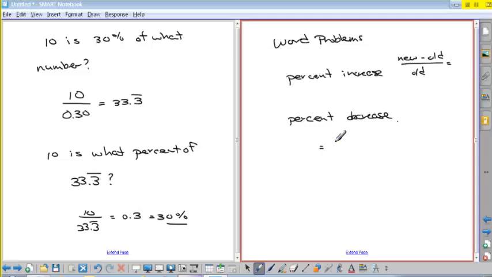Percent decrease, you take the old value and you subtract the new value, because the new value is smaller than the old value, but you divide by the old value. So you always use the old value, the previous value, in the denominator. And this subtraction is always positive.